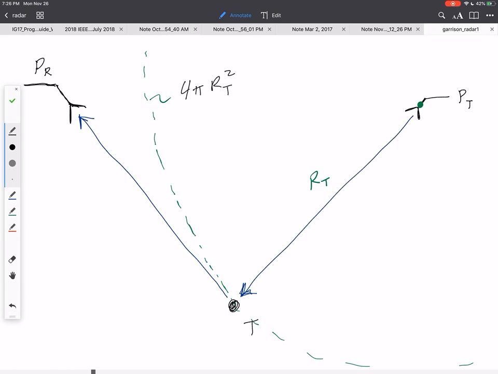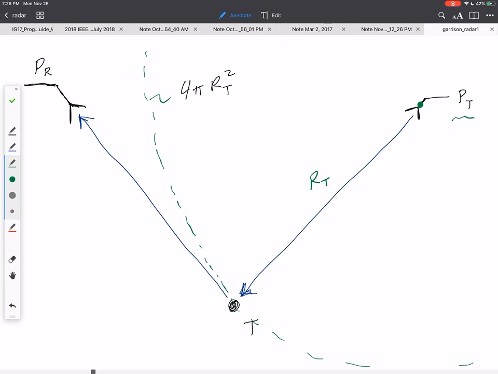So the total integrated power crossing over that sphere has to be equal to the transmit power minus whatever may be lost in the space in between, say absorbed by heating the atmosphere or anything like that. We're going to add a correction for that loss later, and if we design the system right, that loss should not be that big.